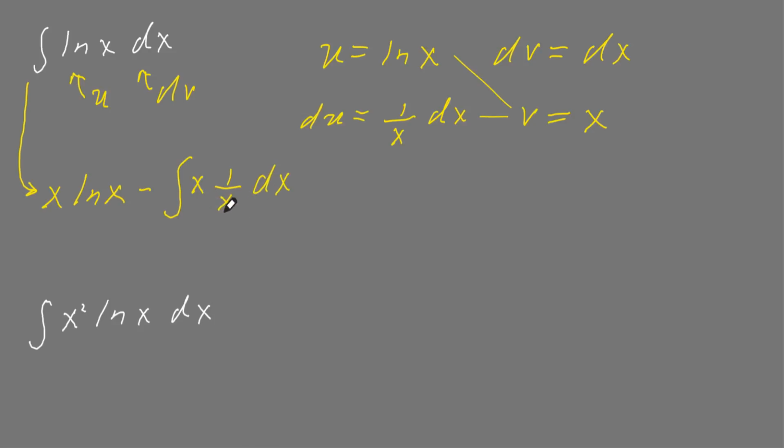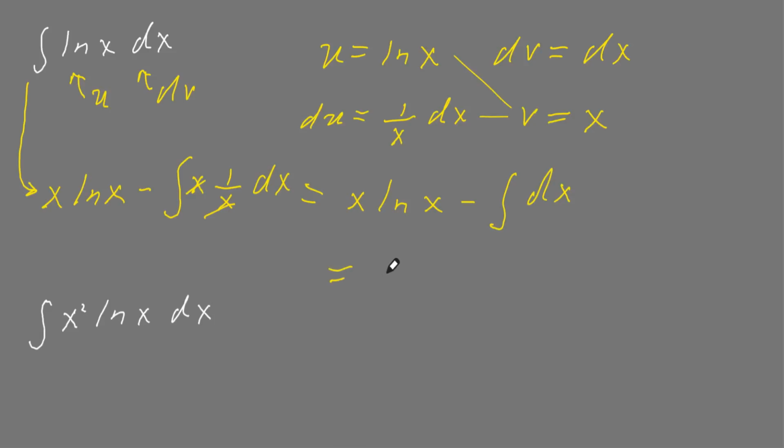Now the nice thing about this is these x's cancel. So this is going to be equal to x times ln of x minus the integral of dx.